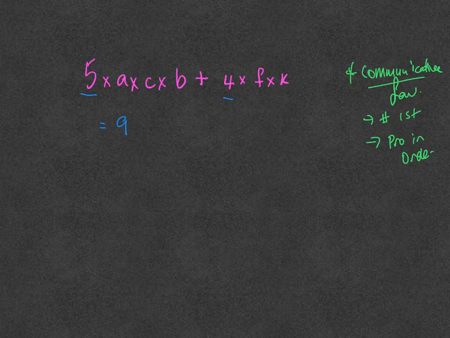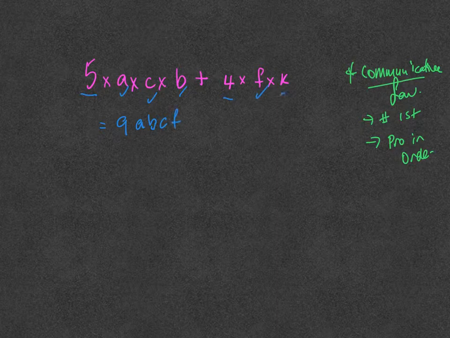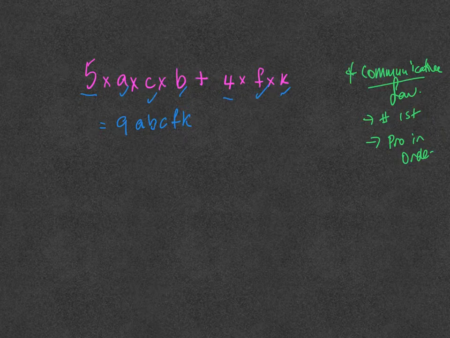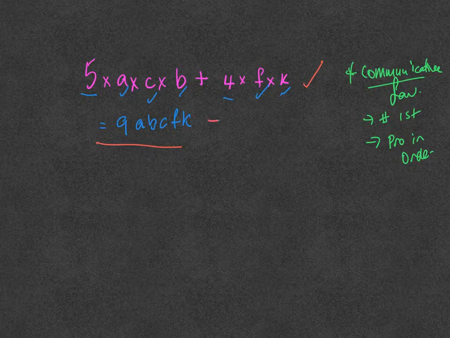So now we're going to be writing A, B, take out our multiplication, B, C, there's no D, no E, F, and then K. So this answer here is exactly the same as up here, although this has now been simplified.